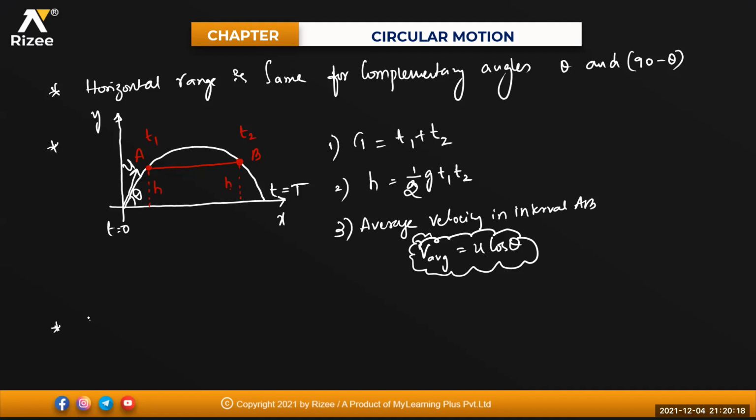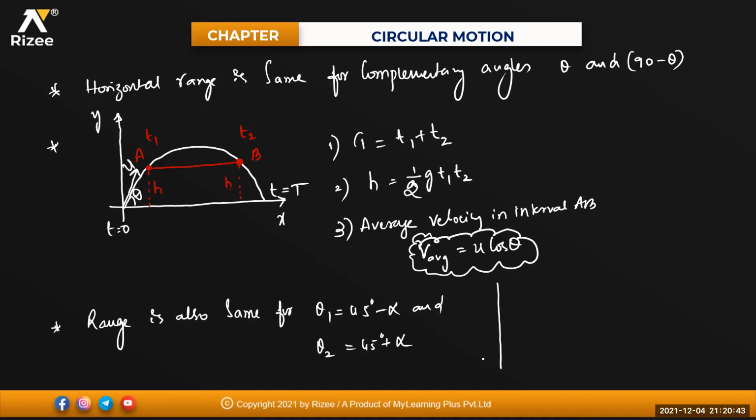One more, and very important. Range is also the same for θ1 = 45° − α and θ2 = 45° + α. Alpha is your angle of projection. Say if I am taking the graph like this, the body is projected with velocity u.